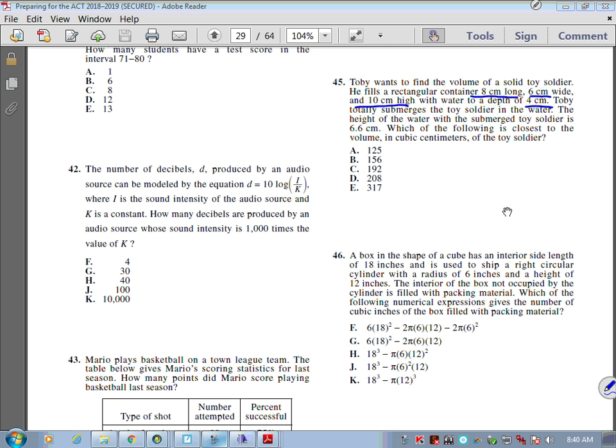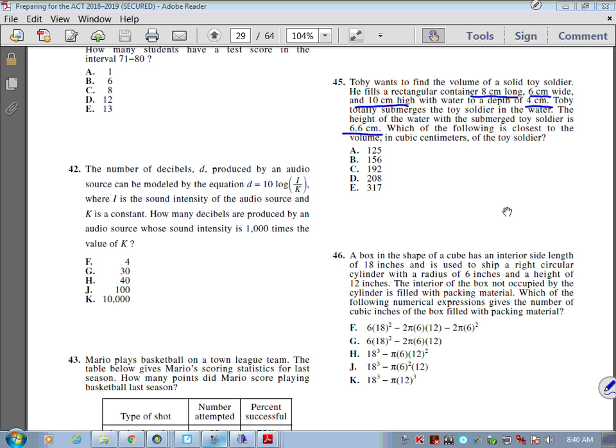Toby totally submerges a toy soldier in water. The height of the water with the submerged toy soldier is 6.6 centimeters. Which of the following is closest to the volume in cubic centimeters of the toy soldier? What is 8 times 6 times 4? 192.